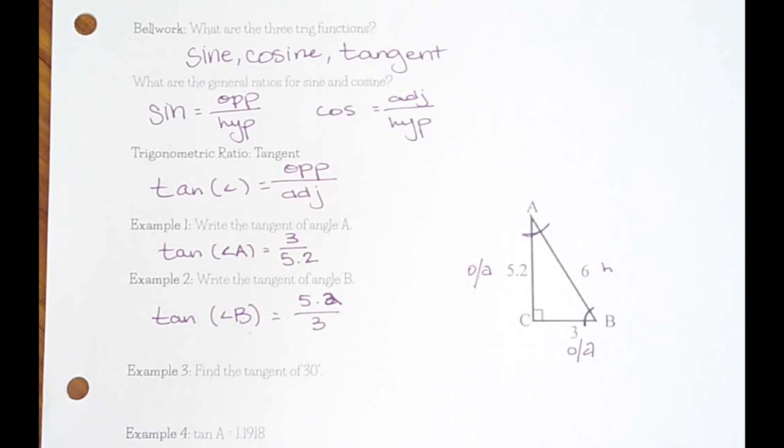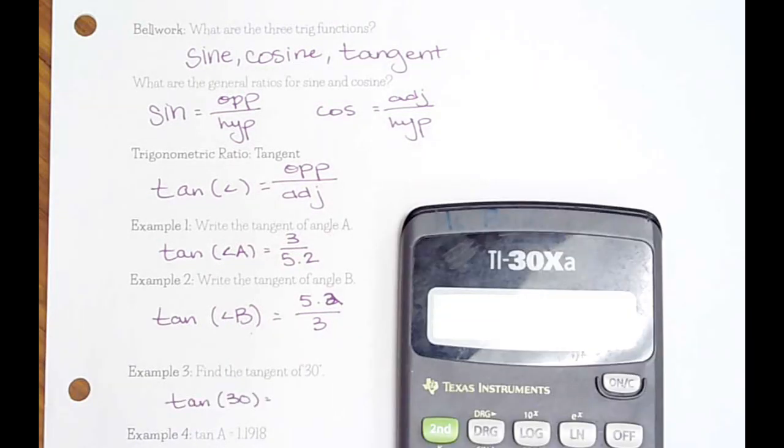So in this one I gave a ratio, but I may just give you something that looks like this and say find angle A. Now I can do this by setting up the ratio and saying tangent of angle A is equal to opposite over adjacent. Well, how do I flip this around?